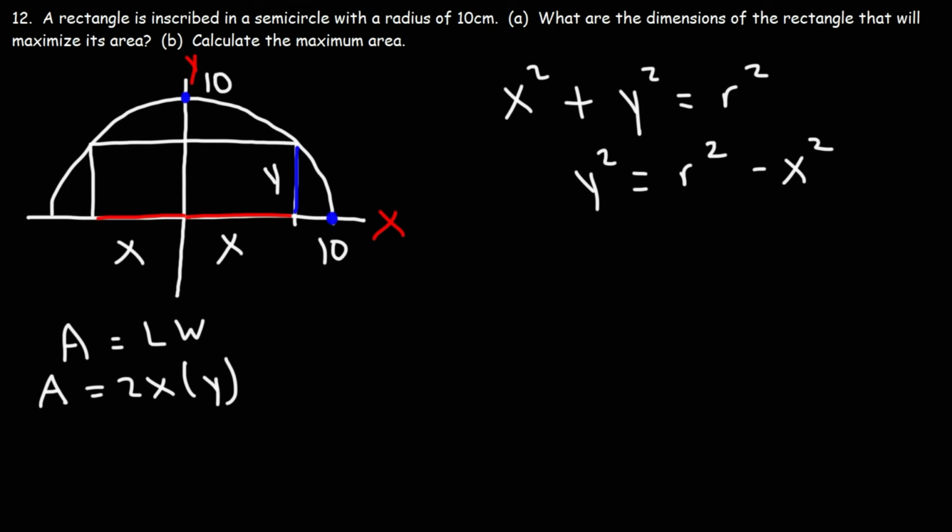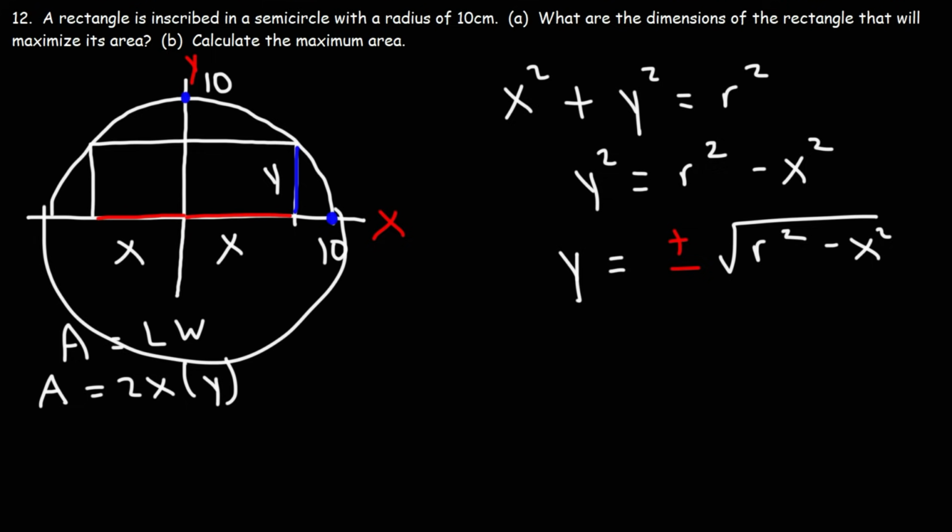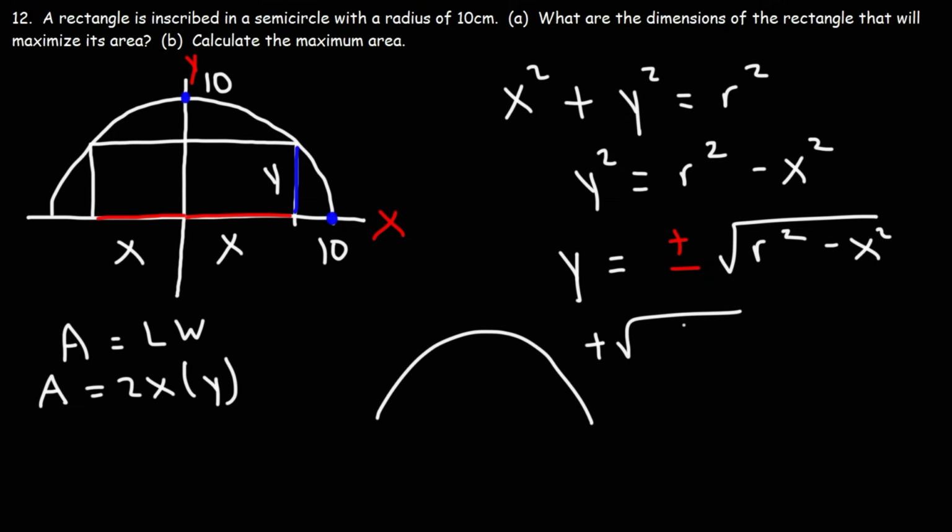And then if we were to take the square root of both sides, y is going to be plus or minus the square root of r squared minus x squared. So that's the equation for a full circle. Now we have two signs, positive and negative. For the upper half of the circle, it's positive root r squared minus x squared. For the bottom half of the circle, it's y equals negative root r squared minus x squared.